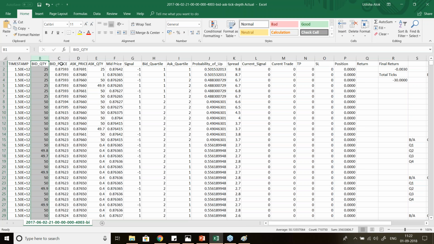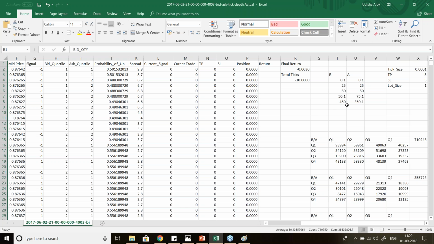So if I put 10, 50 lots, it won't be considered as 500 lots. It will be considered as 10, 50 lots. But if you put all the 500 in the bid side, then it will be considered as 500. That is, we'll consider that instance where the best bid is actually having 500 lots. Are you able to understand what I'm saying? We are checking the bid volume, all the bid volumes that we have, and dividing them into 4 equal parts.